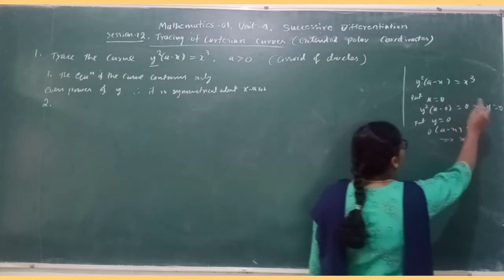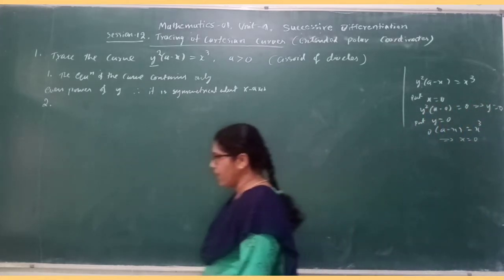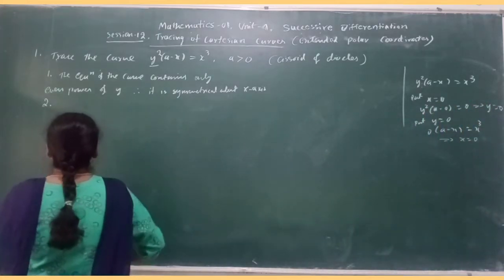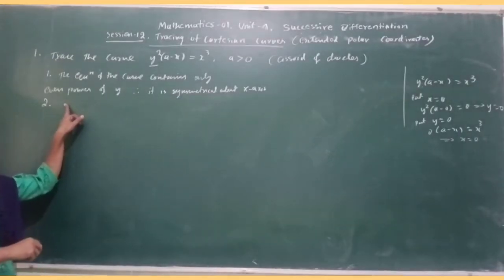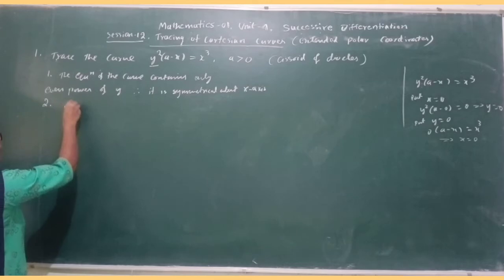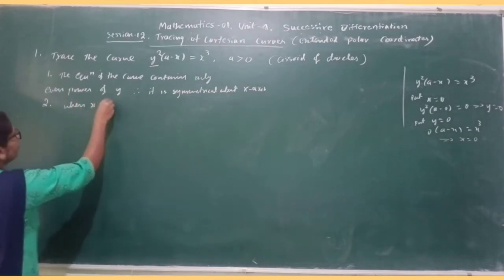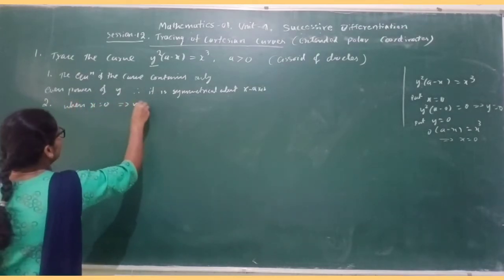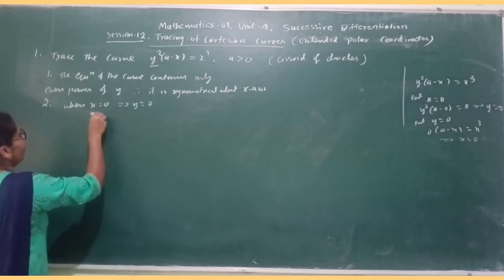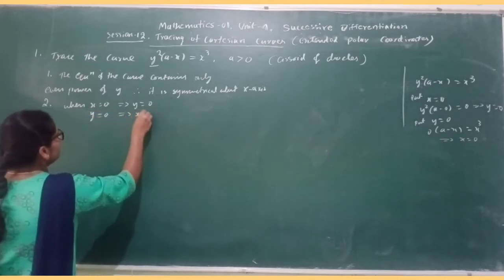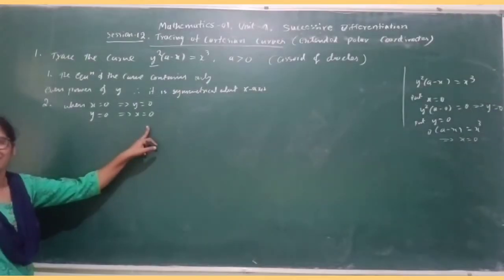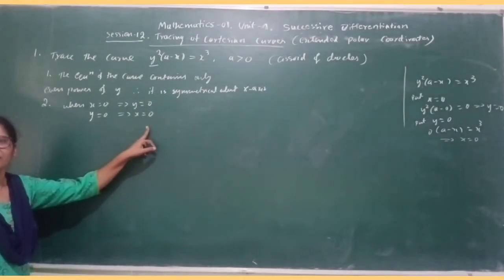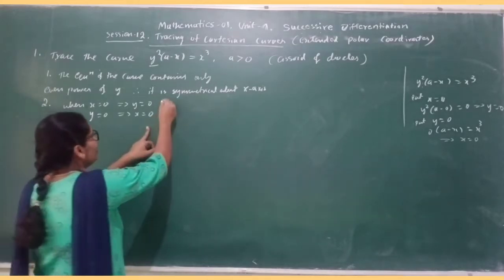When x is equal to 0, y is 0, and when y is equal to 0, x is also 0. So what is the point of intersection here? The point of intersection is (0, 0), which is the origin.